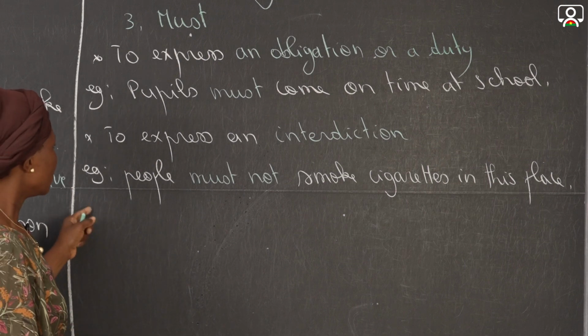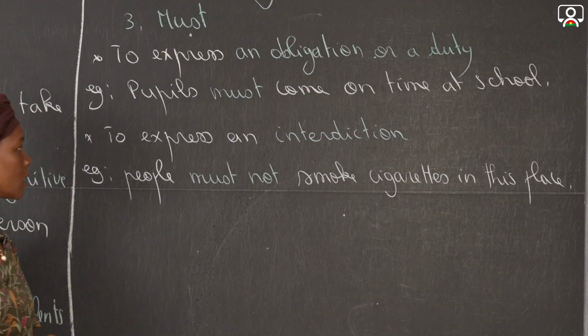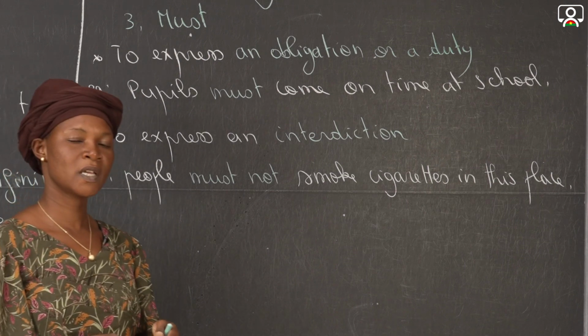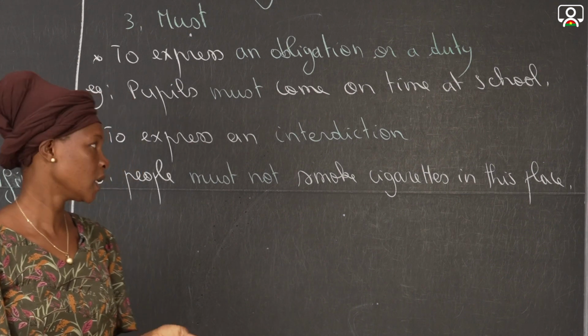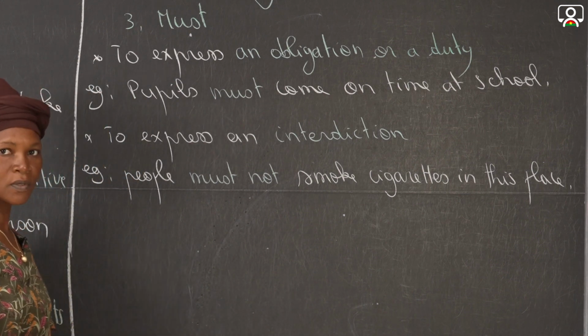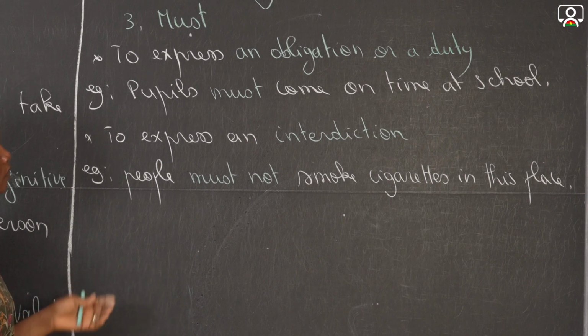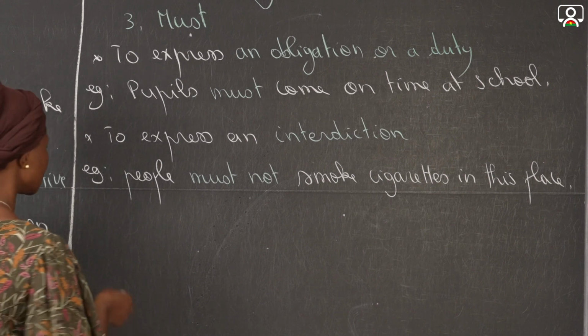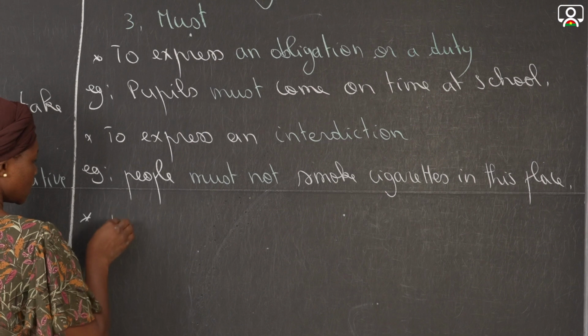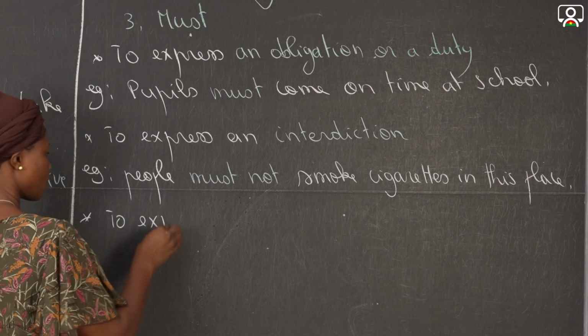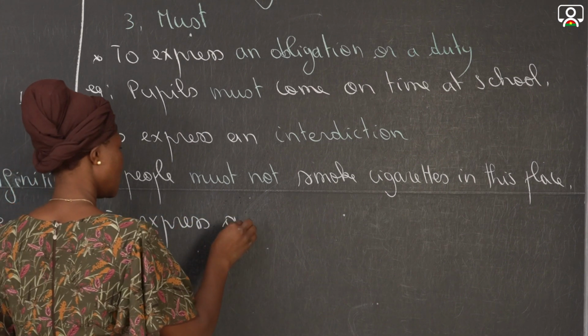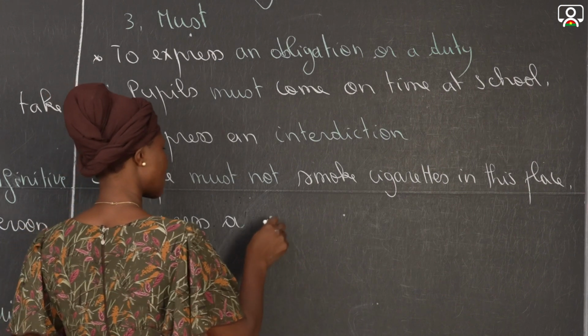To end, we can use also must to speak about a deduction, something that you suppose is true. You can use must to speak about it. So third, to express a deduction.